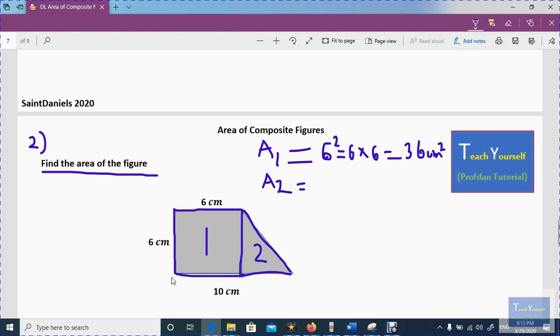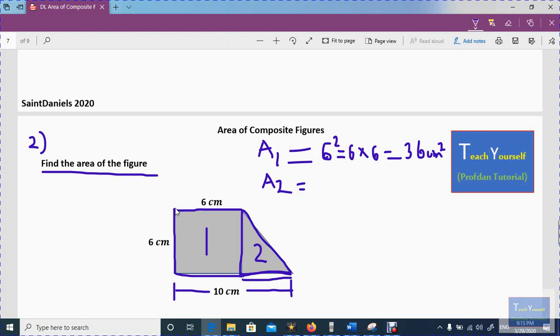Now be very careful. This is the triangular part, okay? The total length from here to here is given as 10. But we are interested in knowing this part, this base of the triangle. We need to know this part of the triangle.